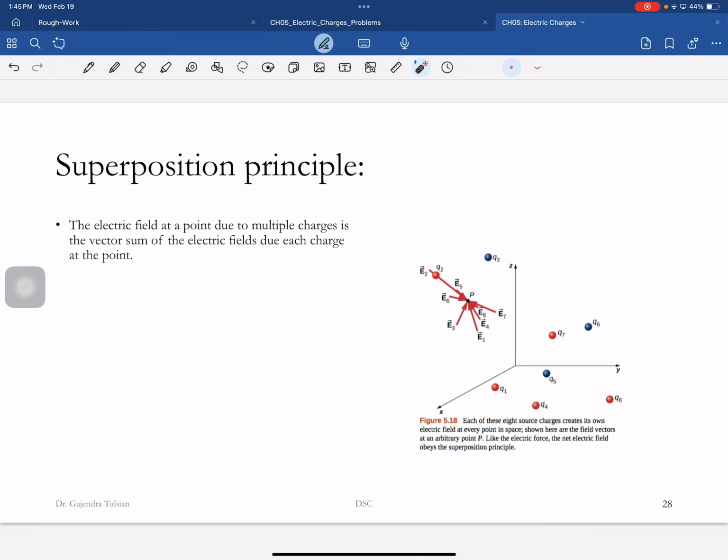Just like forces, you have the superposition principle for the electric field. If you wanted to calculate the electric field due to a bunch of charges, calculate the electric field due to this one at that point, due to this one at that point, and they're all vectors, and the net electric field is just the sum of all those vectors.